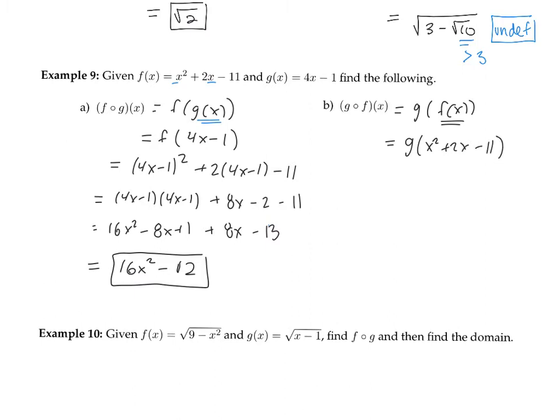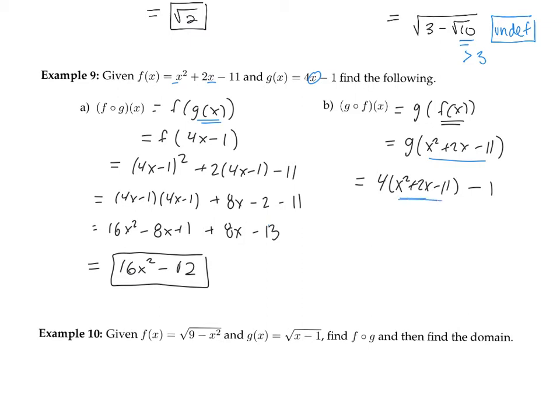And then the x squared plus 2x minus 11 goes into g's x's. So 4 times x squared plus 2x minus 11 minus 1. So this replaced that.